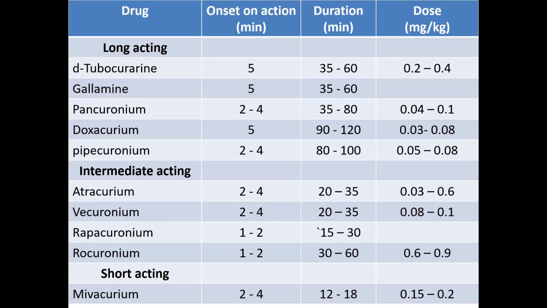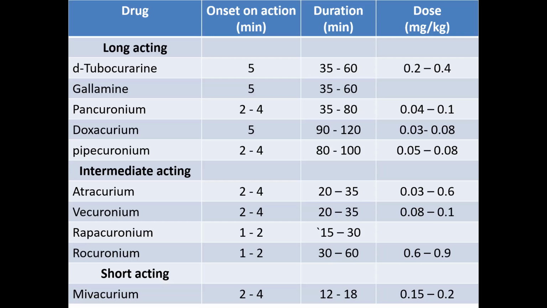Regarding atracurium, the onset of action is within 2 to 4 minutes, the duration of action is 20 to 35 minutes, and the dose is 0.03 to 0.6 milligrams per kg body weight. Regarding vecuronium, the onset of action is 2 to 4 minutes, the duration of action is 20 to 35 minutes, and the dose is 0.08 to 0.1 milligram per kg body weight.